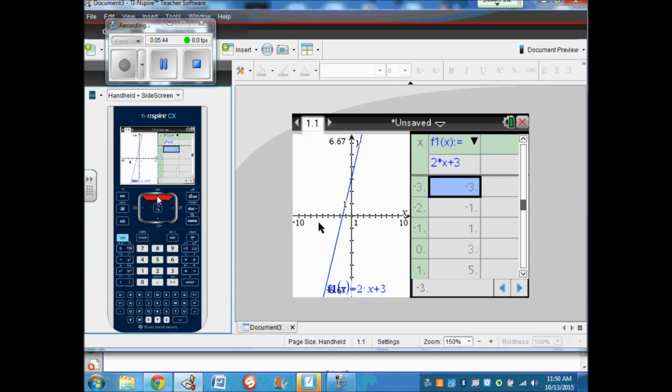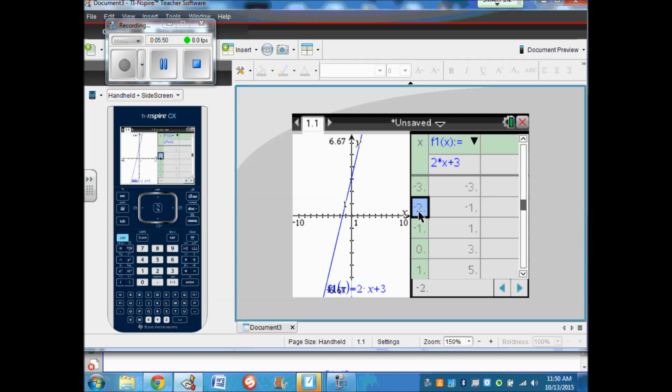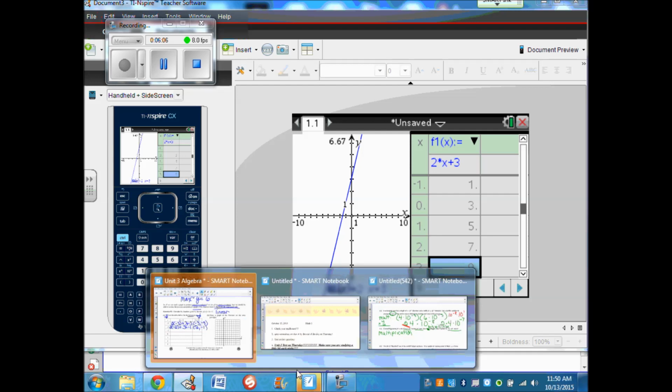So if you notice, that was our first point. -3, -3, -2, -1. Now we're just going to fill in our table. Here's our x, and here's our f of x, or our y. -1, 1, 0, 3, 1, 5, and then just continue. You're going to scroll down so you can fill in the entire table.